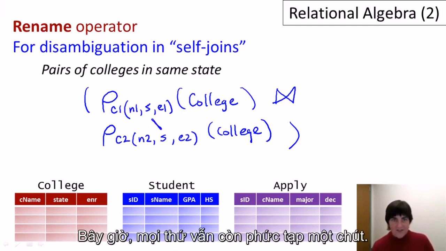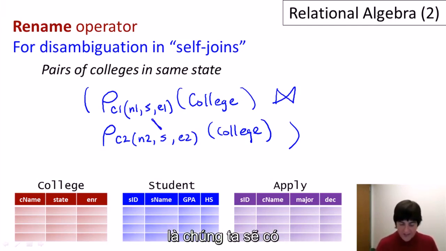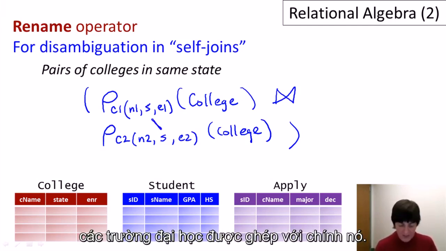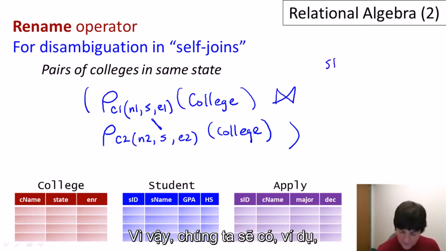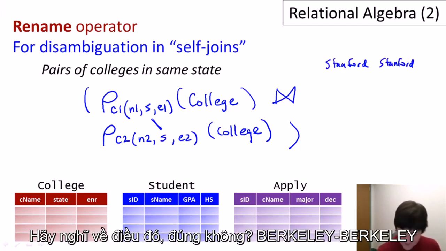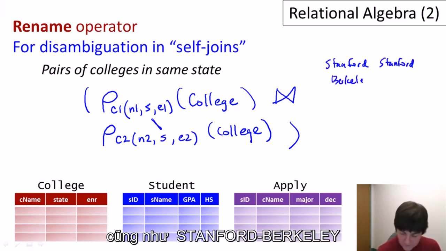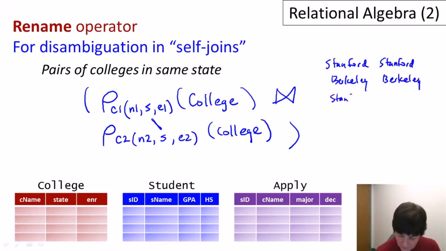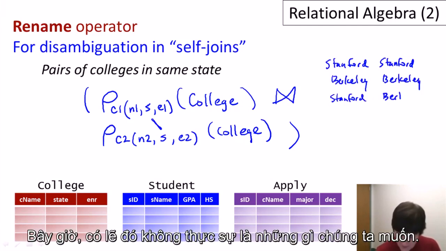Now, things are still a little bit more complicated. One problem with this query is that we are going to get colleges paired with themselves. So we're going to get from this, for example, Stanford, Stanford. You think about it, right? Berkeley, Berkeley, as well as Stanford, Berkeley. Now, that's not really what we want, presumably.